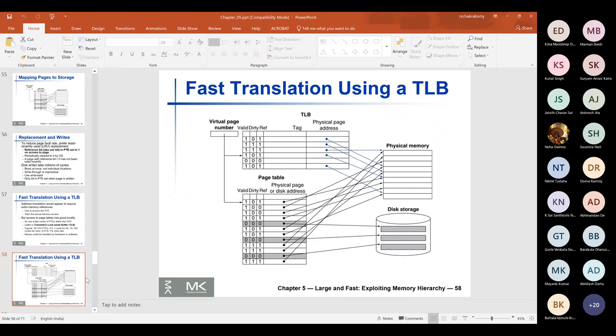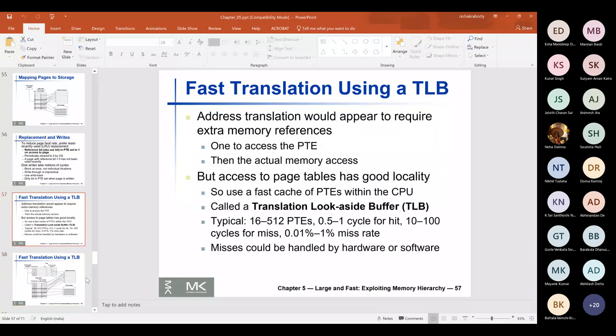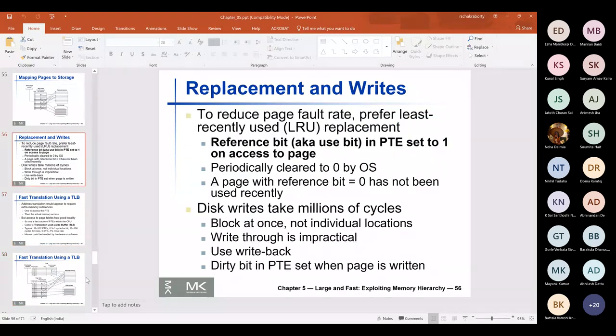But if it is just sitting at 1, there is no concept of time. So periodically you just forget that it was 1 for a certain amount of time. The bit is periodically cleared by the operating system, and a page with reference bit 0 means it has not been used recently. So this is a kind of page which is ripe to be replaced.